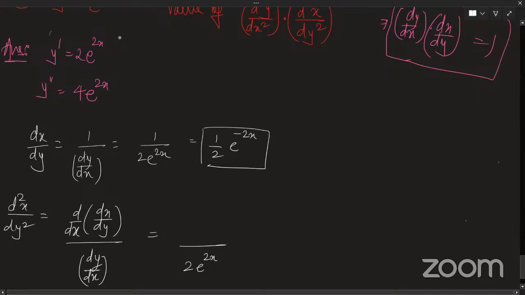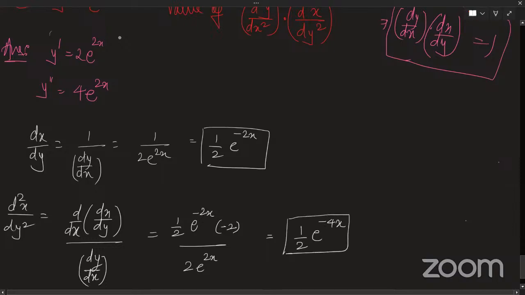So tell me, what will be the derivative? Half as it is, e raised to minus 2x will come as it is. What will be the next term? Minus 2, chain rule. So this 2 and 2 will get cancelled. So I will be left with half into e raised to minus 4x, right?